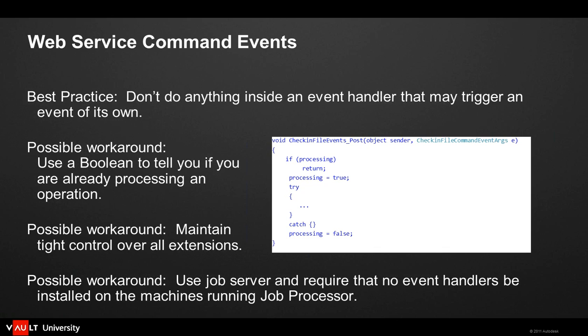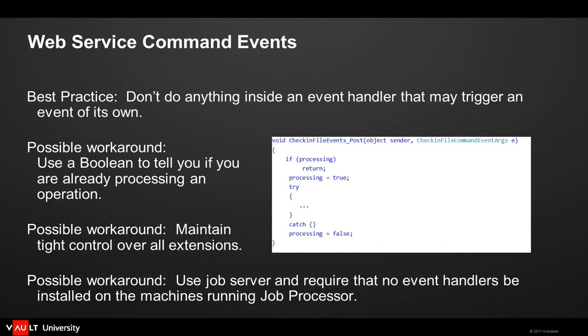So I came up with a couple of other ways that might work in your situation. One is to just keep a Boolean around that lets you know if you're in the middle of an event handler. That's what the code I'm showing in that white box is. So we've got my check-in file event. I've got a Boolean called processing, and if that Boolean's true, I'm just going to exit.